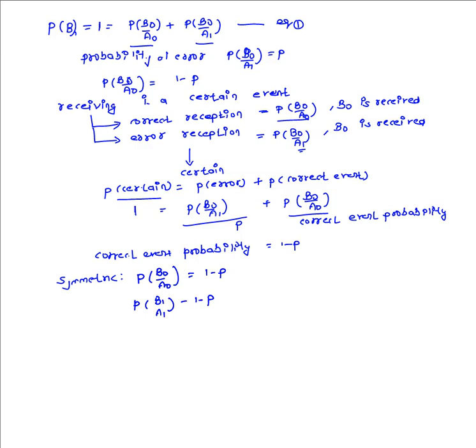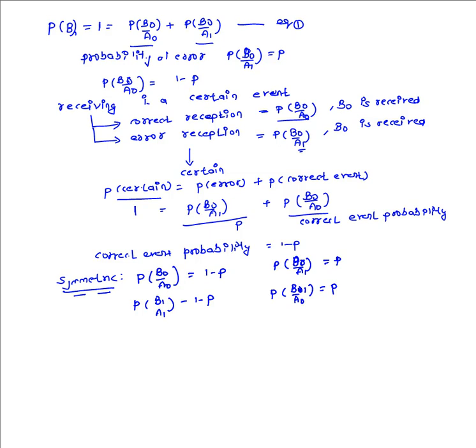And also the probability of error reception, whenever 0 is received and 1 is transmitted, and 1 is received and 0 is transmitted, is the same.